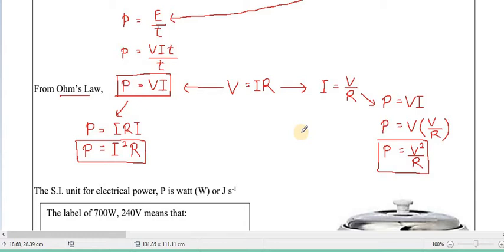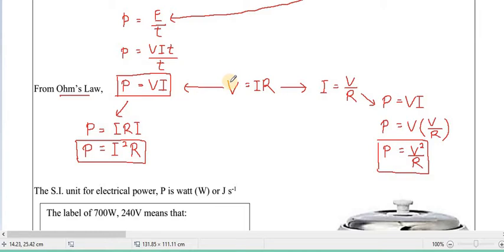Is it compulsory to use P equals V squared over R or P equals I squared R? No. The most important thing is that you know P equals VI and you know V equals IR. For example, if you don't know the potential difference but you know the current and the resistance, you can put the current and the resistance into V equals IR to calculate the potential difference.